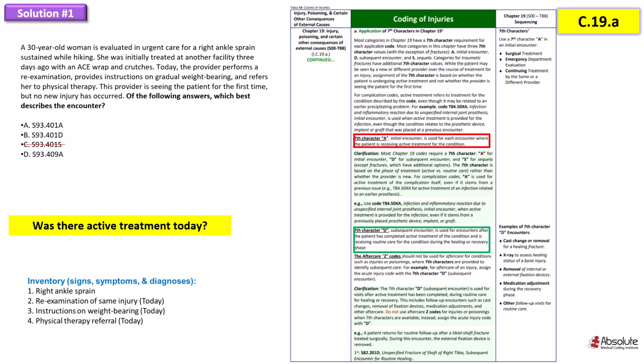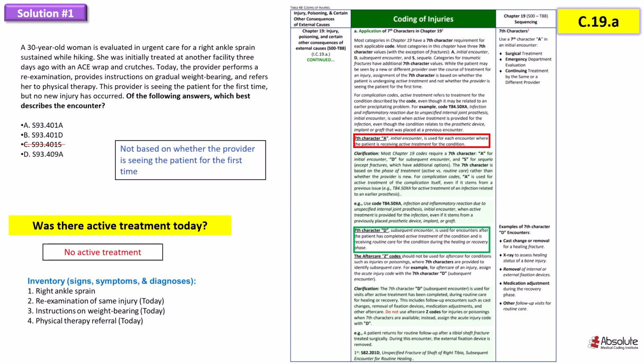So I would say that this indeed is subsequent encounter D, and B would be our answer because remember, this encounter is not based on whether the provider is seeing the patient for the first time. This patient was already seen 3 days ago and already actively treated.